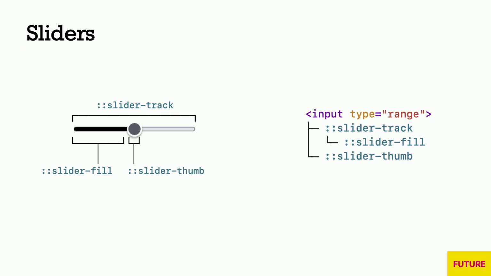And now I want to move on to show you the preview of the future of sliders. So you have slider track, which is a full track for the slider. You have slider fill, which is the progress part of the slider, and the slider thumb, which is the part that you can drag around the slider.